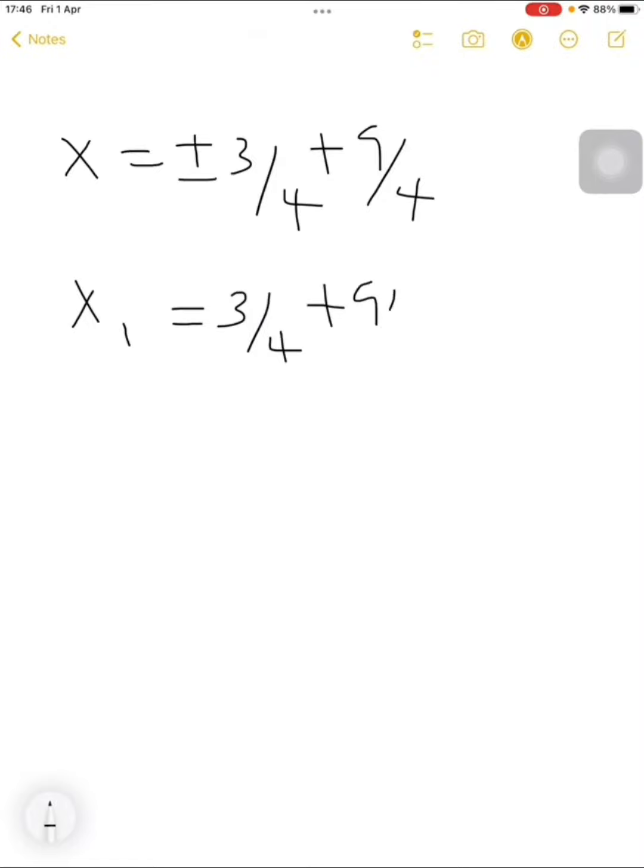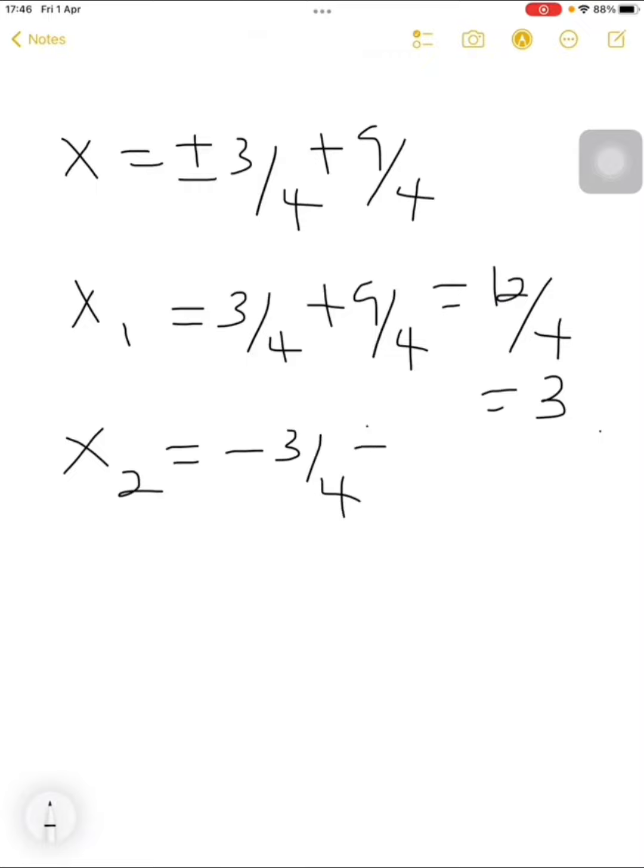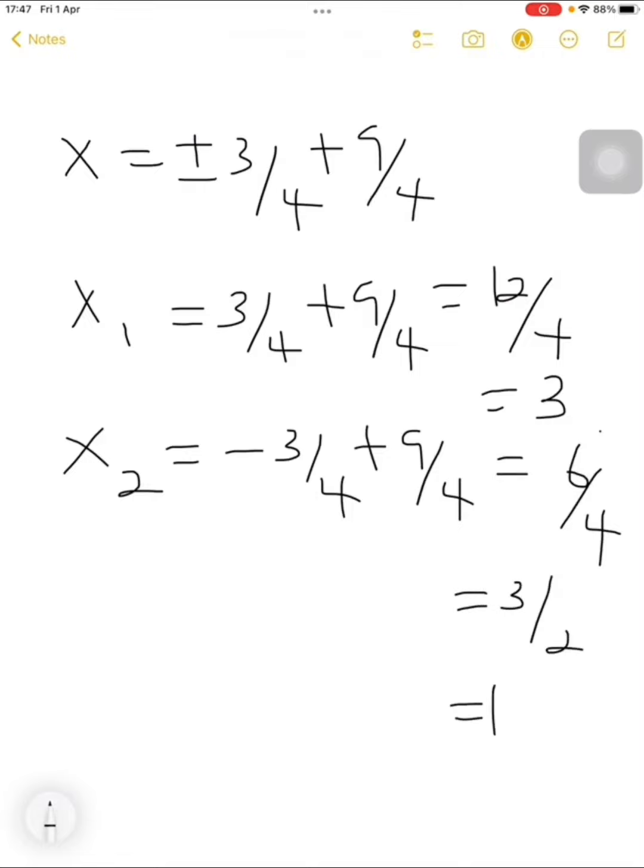This is the same as 12 over 4, and the answer is 3. While x2 is negative 3 over 4 plus 9 over 4, which is 6 over 4, and this is the same as 3 over 2, which is the same as 1 and 1 over 2. So x1 is 3, while x2 is equal to 1 and a half.